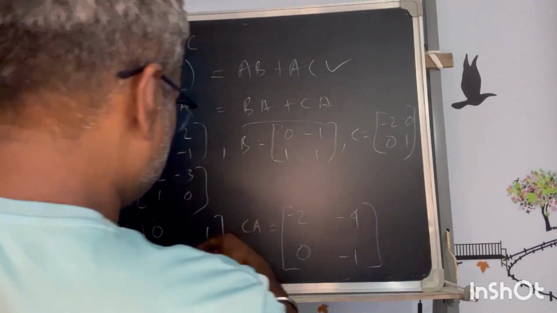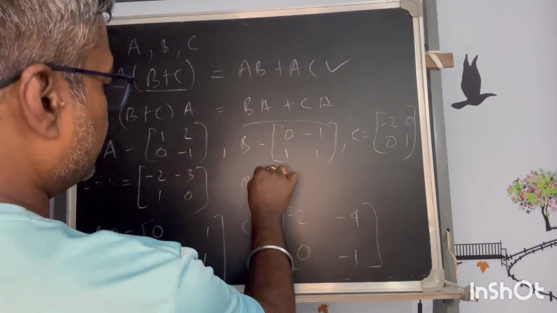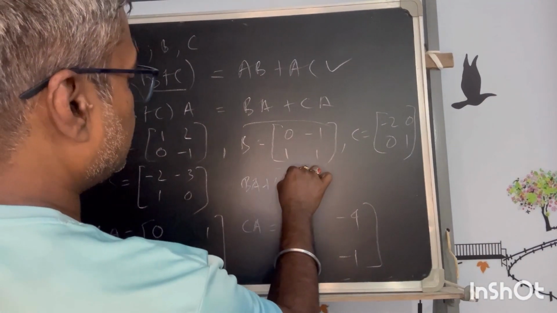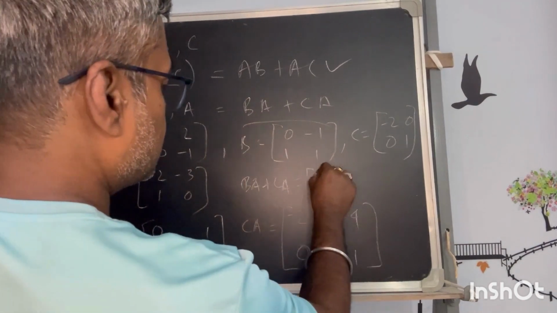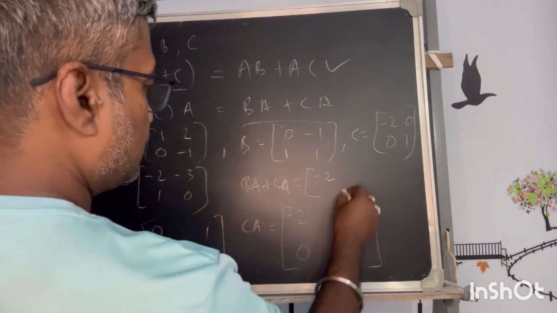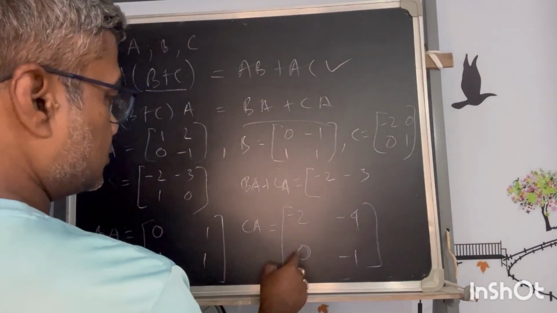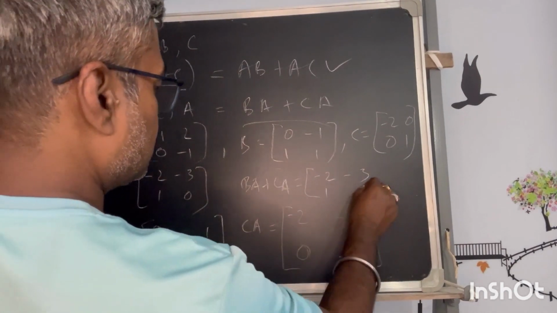Now you add up these two. If you do BA plus CA, what will be there? -2, -3, 1, and 0.